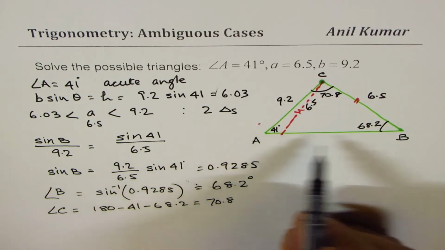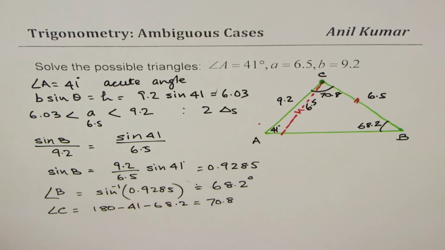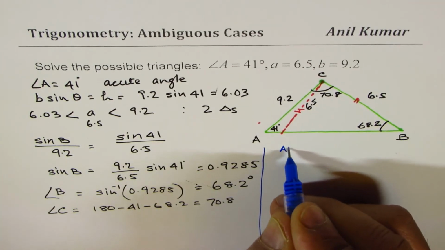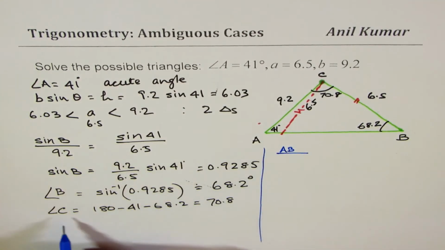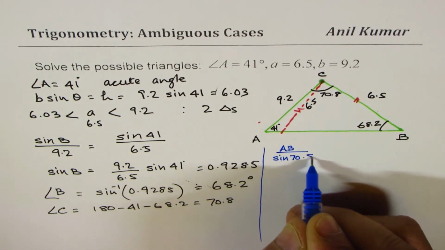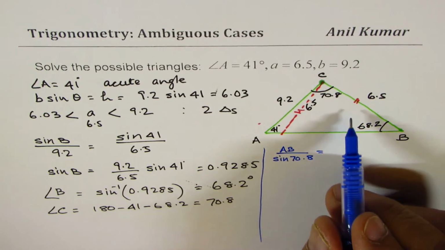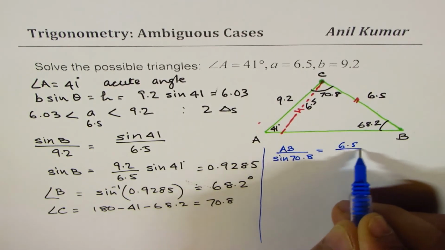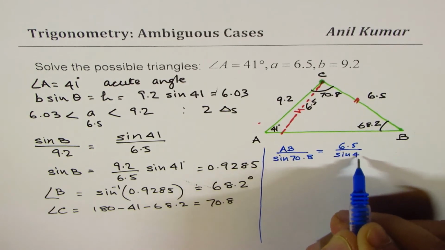And let's find what AB is. AB over sine of 70.8 is equal to this ratio, 6.5 over sine of 41.